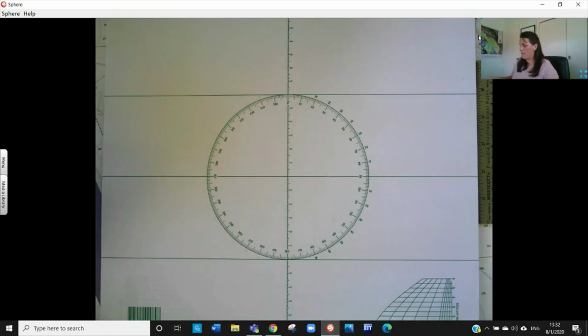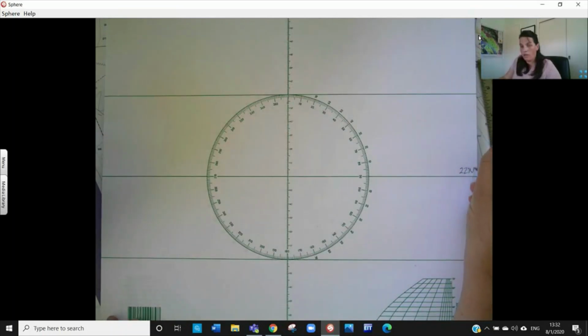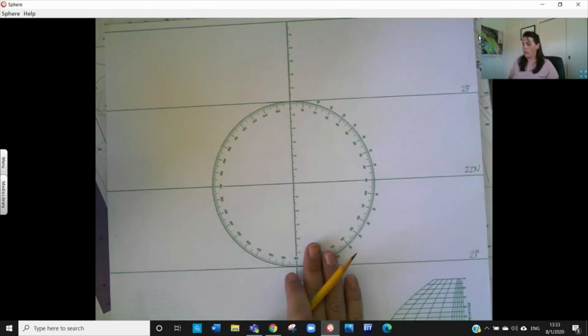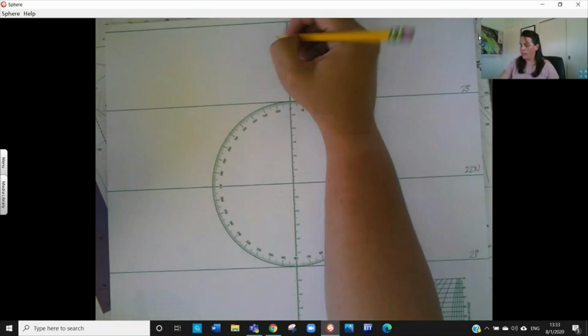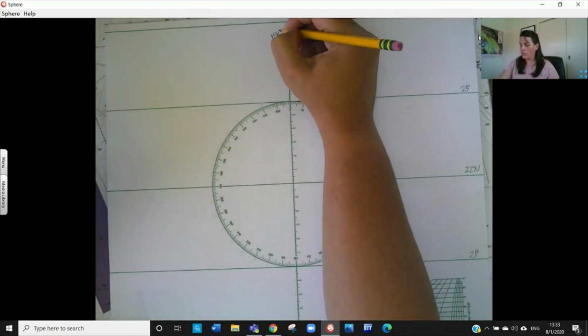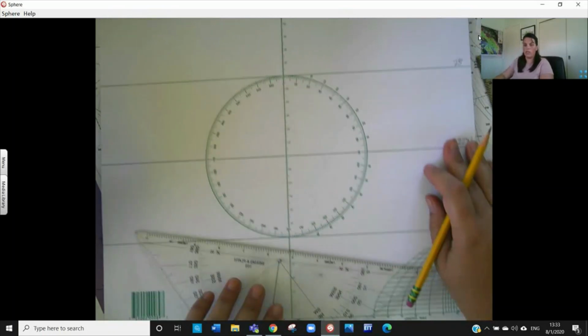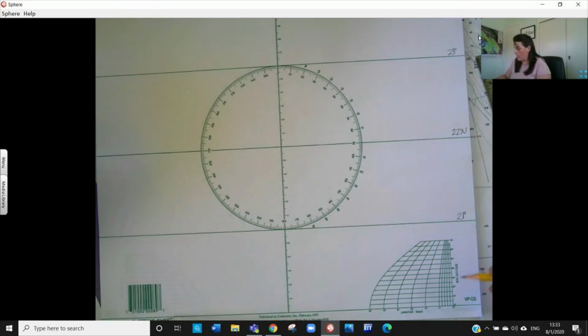Okay, so I know my assumed latitude, and so I'm going to make that my mid-latitude was 22 degrees north. So I'll make this 23 and this 21. Okay, so now that I have my latitude lines drawn in, I can draw in my longitude. So I'm going to call my longitude 158 degrees west. If you use 157, that's fine. For my latitude, I have 22 degrees north. So I use my mid-latitude scale over here.